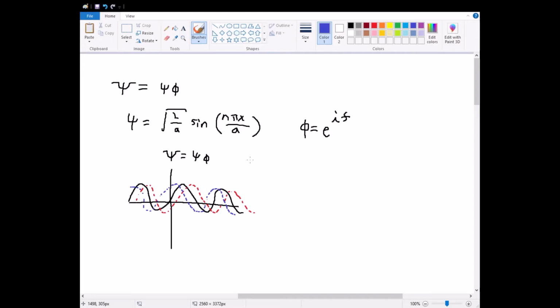The reason phi does not matter for the larger case, where we just have a single expression with a phi attached to it, is because we can start measuring our system whenever we want. It doesn't matter at what time we analyze our system.